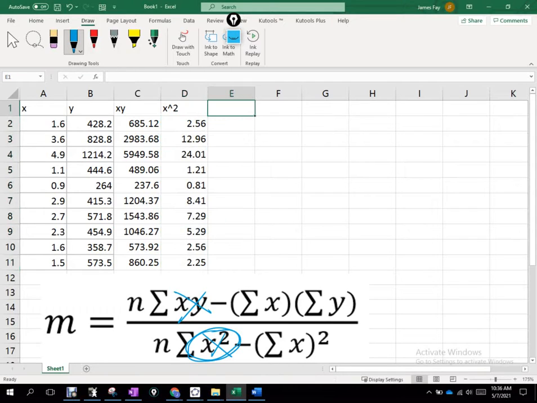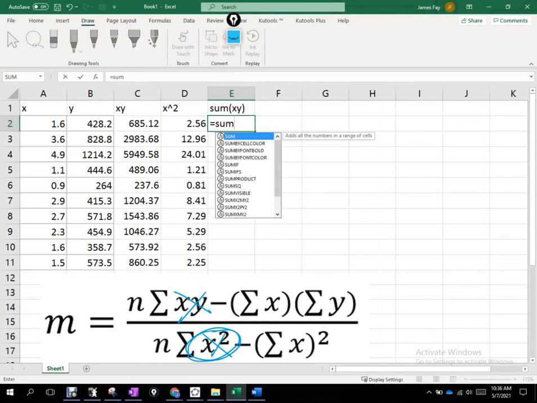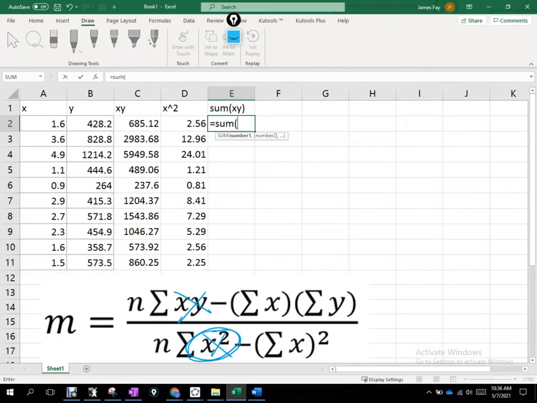Going left to right, let's go with the sum of XY. I'll set equals sum, and then the column that XY was in, so C colon C. It will know that XY is a header, see that alphabetic string, and ignore it. So that's our sum of XY.